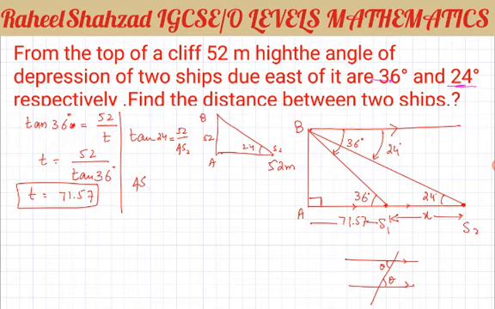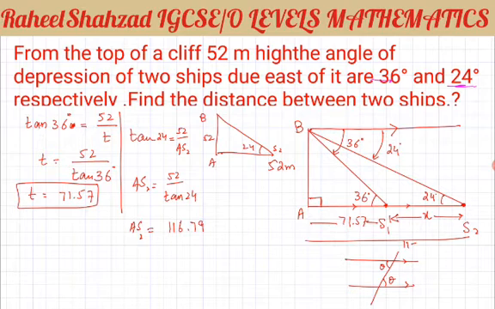So AS2 would be equal to 52 upon tan of 24, which becomes 116.79 approximately.